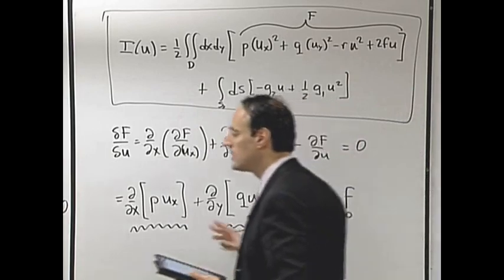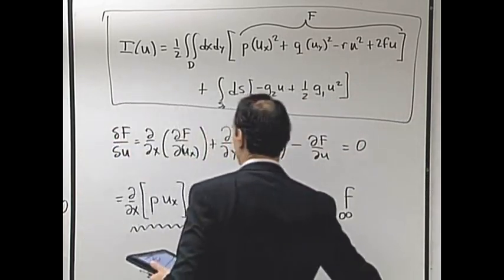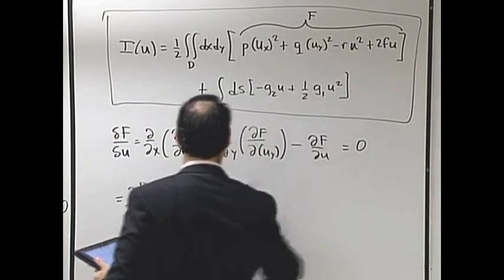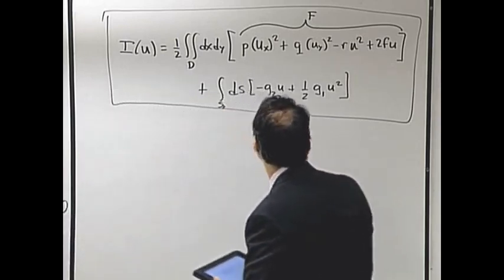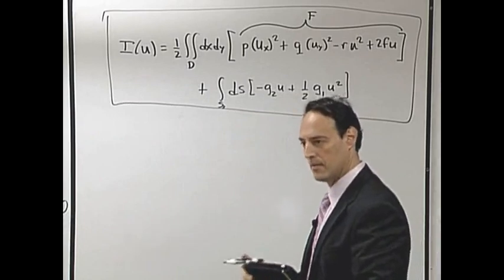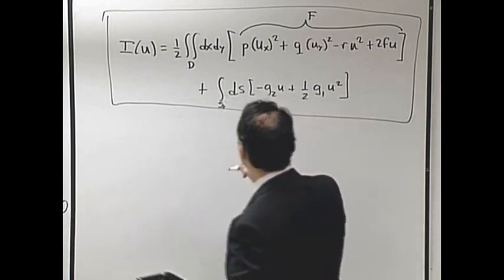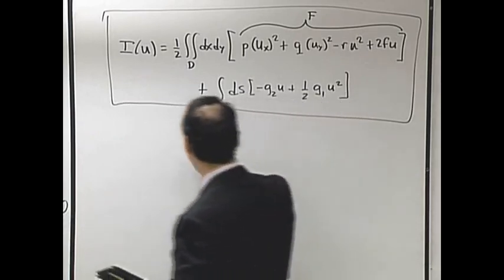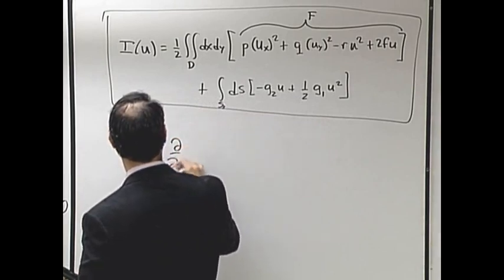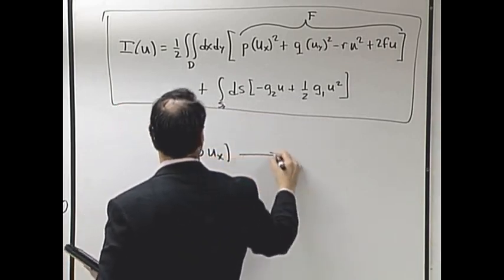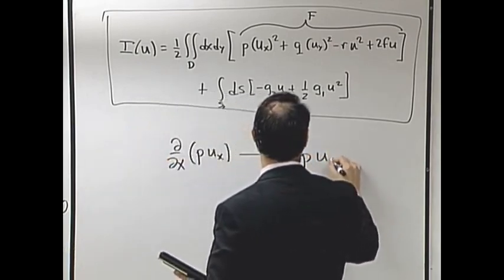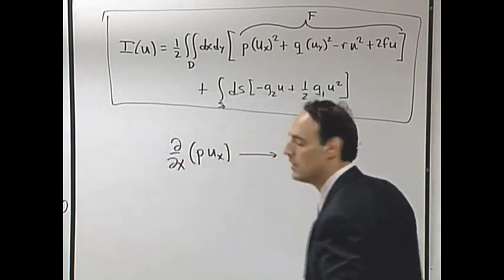Now, here is the key observation about this. I'll take away this work here. Notice what has happened. Before, I had a term like this. And this term sort of became this. Okay?